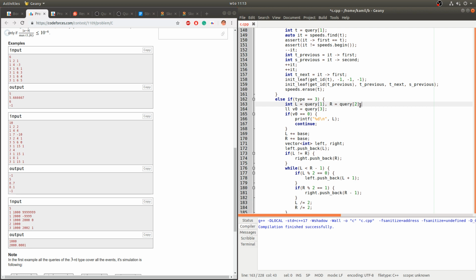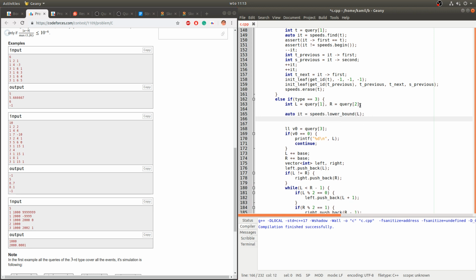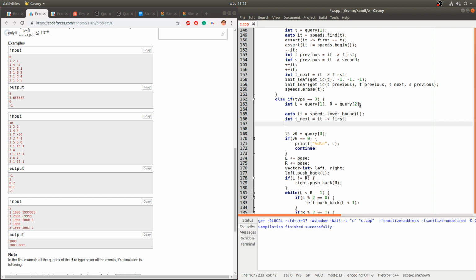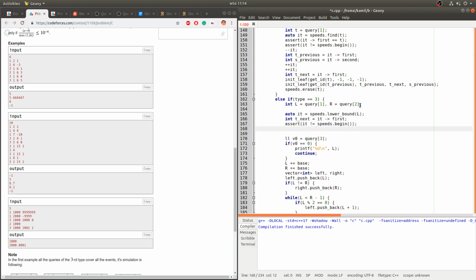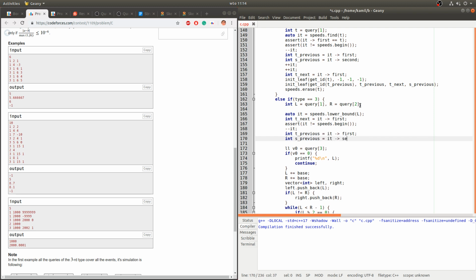What I might have to do is splitting some segment into two. Now this is the next thing. My assert IT is not speeds begin, minus minus IT. T previous is IT first, as previous is IT second.